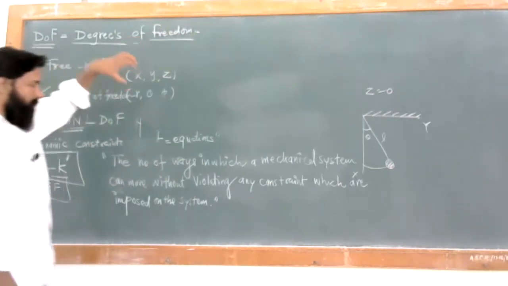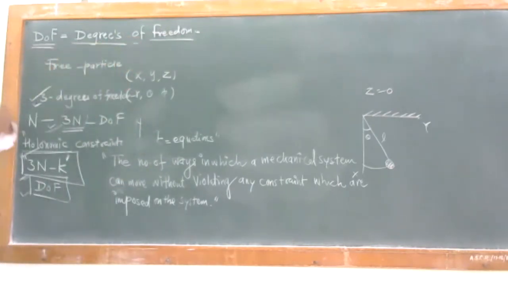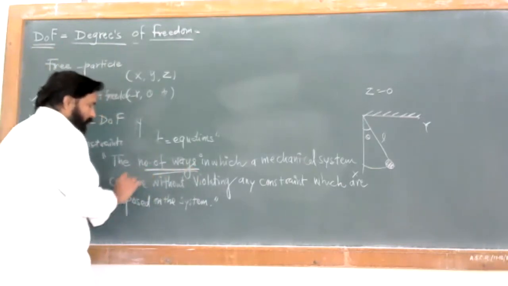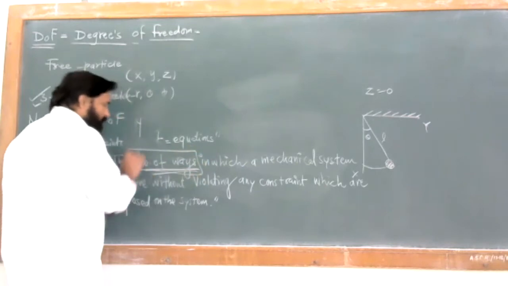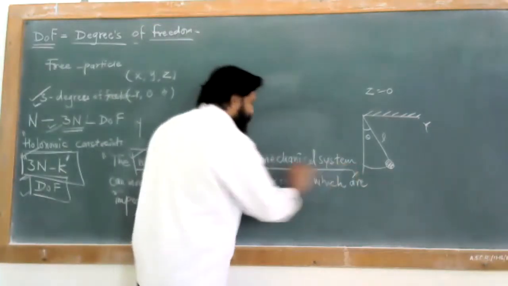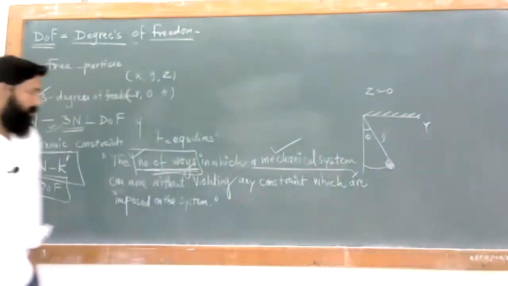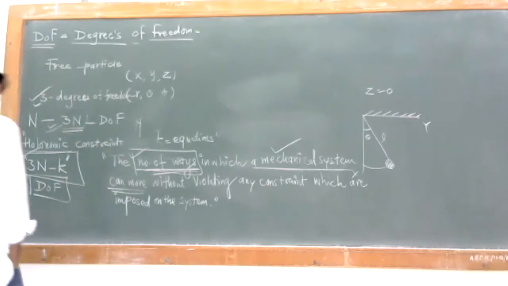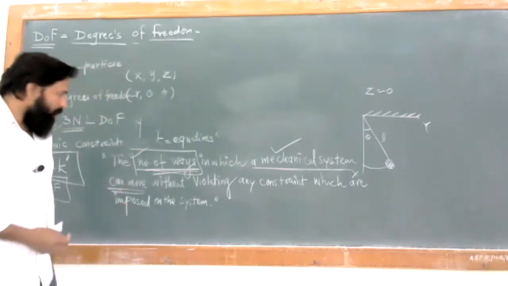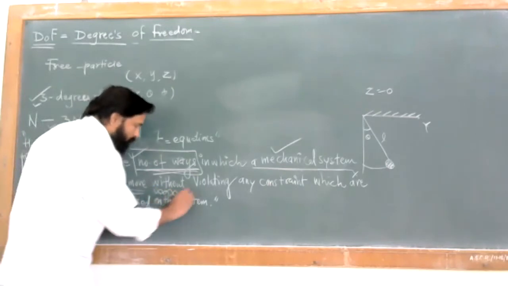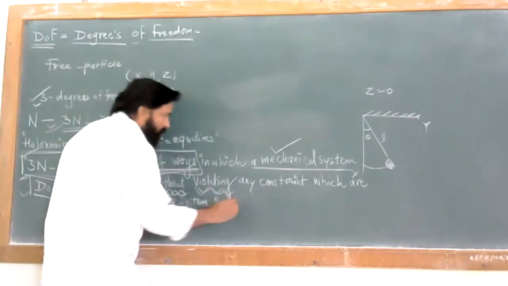Now we are going to just look at this degrees of freedom. What is degrees of freedom? So it is the number of ways. Okay. So how many ways? There are number of ways in which the mechanical system can move. Okay. So you have to consider the motion of that mechanical system. Okay. But that we have to consider without violating the constraints.